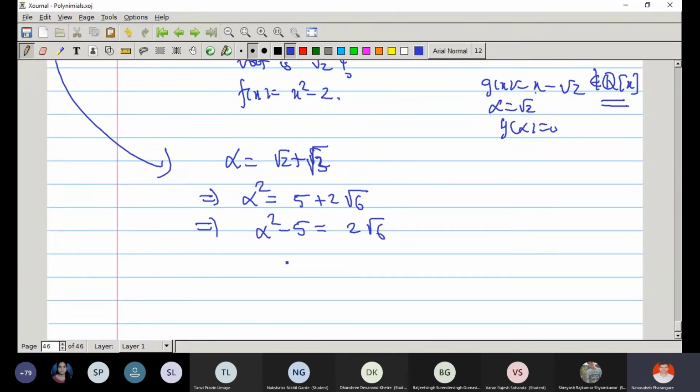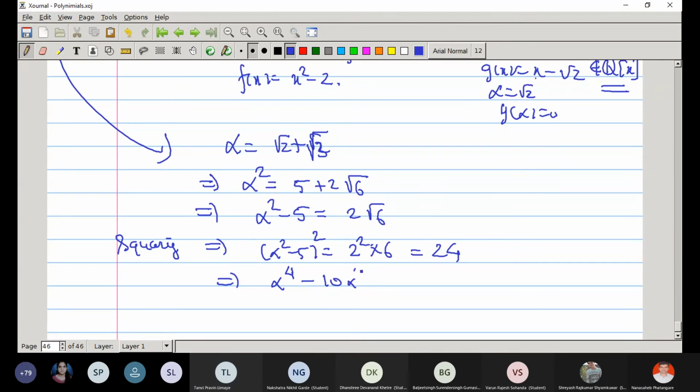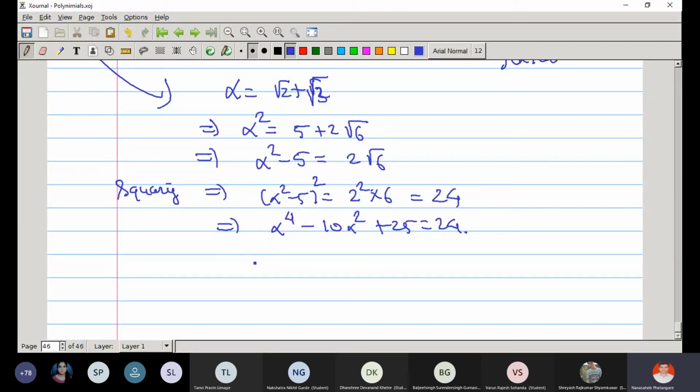And now square it: 4 into 6, 24. And what is the square? Alpha raised to 4 minus 10 alpha square plus 25 is equal to 24. Alpha raised to 4 minus 10 alpha square plus 1 is equal to 0. And therefore, what is the polynomial?